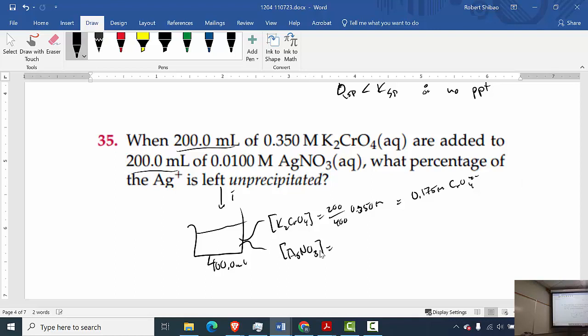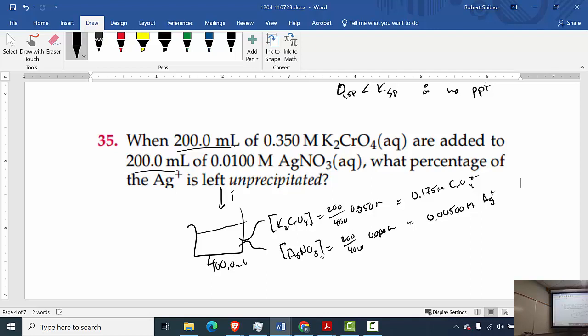And then we'll go to the silver nitrate. It's again going to be a 200 to 400 dilution of 0.0100. Nitrate will be a spectator here too.